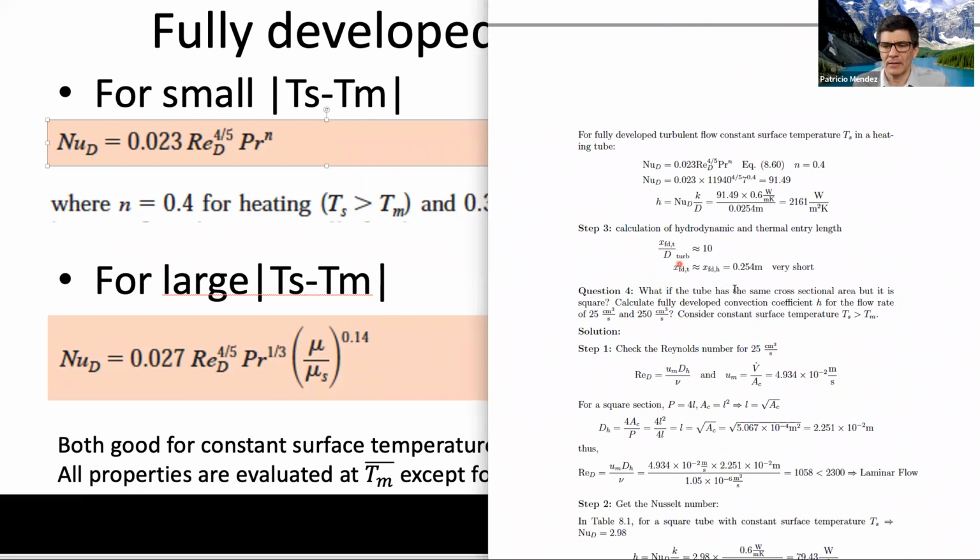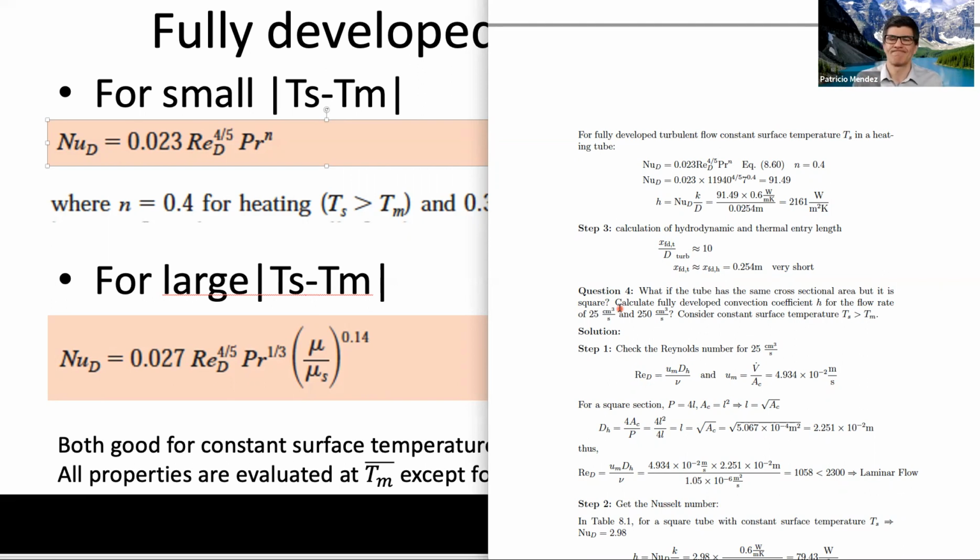Okay, so let's calculate the hydrodynamic entry length. We did it here. And what if the tube had the same cross-sectional area, but is square? So the mean velocity is going to be the same. But let's say that instead of being round, now it's a square, which happens.